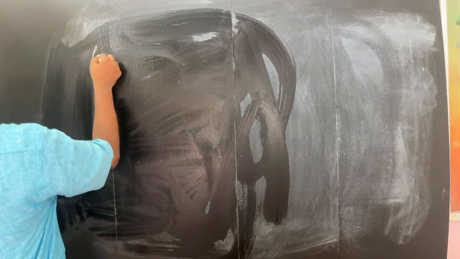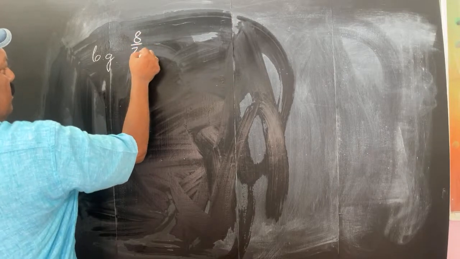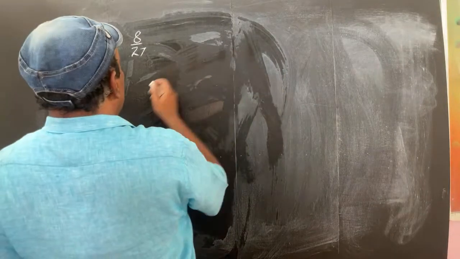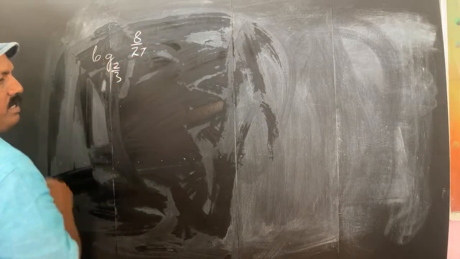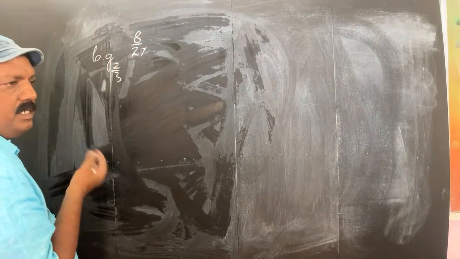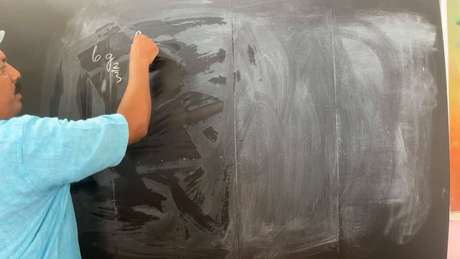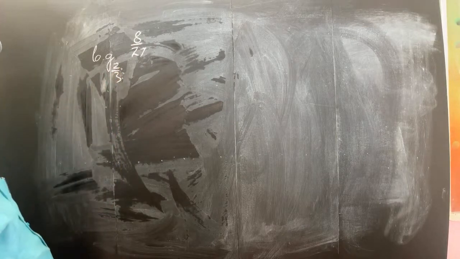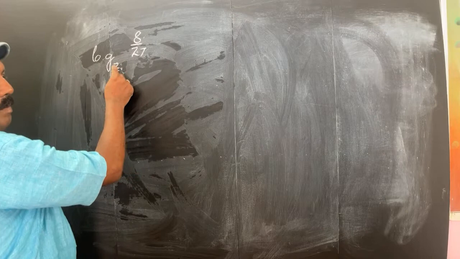You can see here log 8 by 27 base 2 by 3. Here you can easily identify, as I told already, 8 by 27. Here 2 by 3, don't get confused by seeing the fraction. 8 by 27 is nothing but the exponential form of 2 by 3. 8 by 27 will always be the exponential form of 2 by 3.